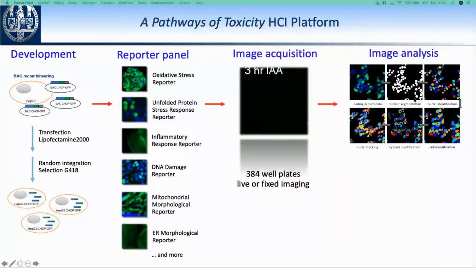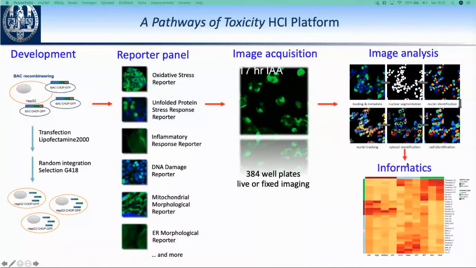You can first quantify the single cells using specific software, such as CellProfiler. You can define single cells based on the Hoechst signal and also the complete cells. Then you can measure the GFP intensity within the nuclei, but also within the cytoplasm of each single cell. This you can further analyze to see which kinds of nanoparticles or chemicals induce which type of stress responses at a certain concentration.